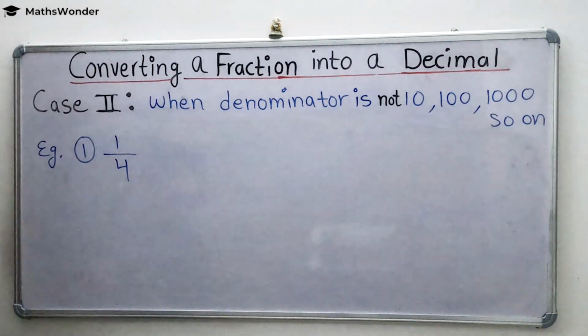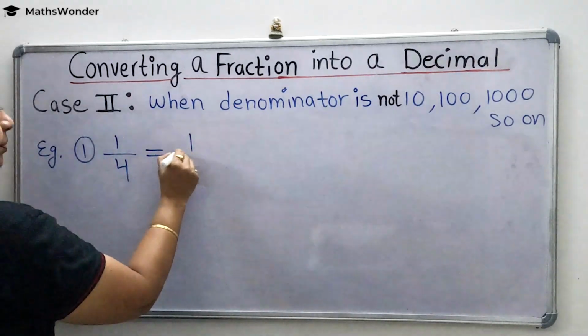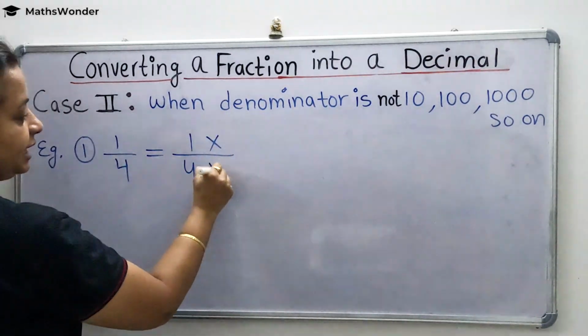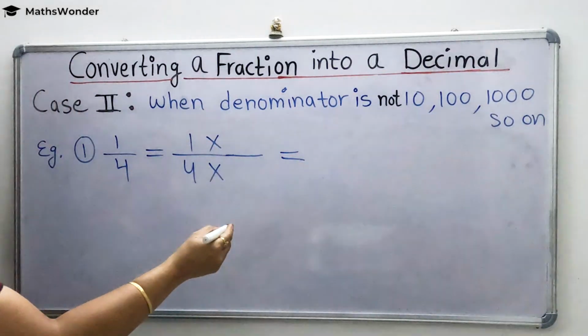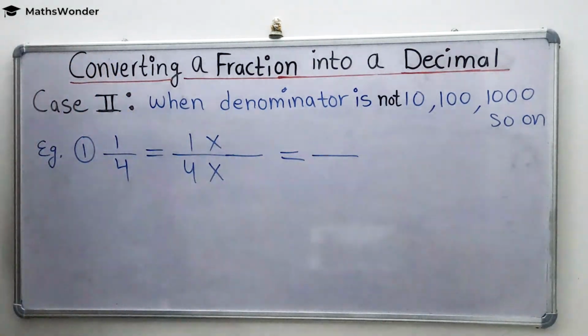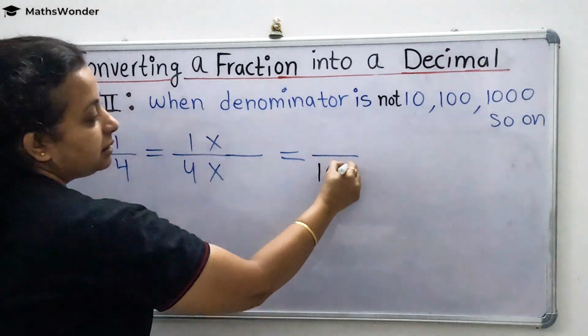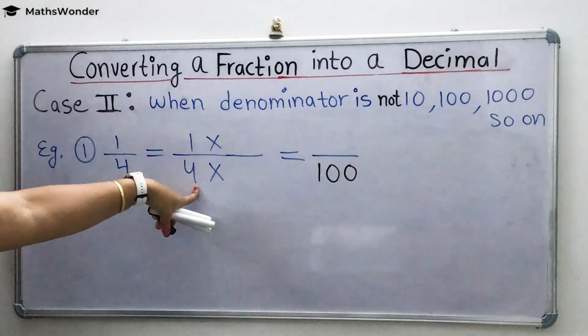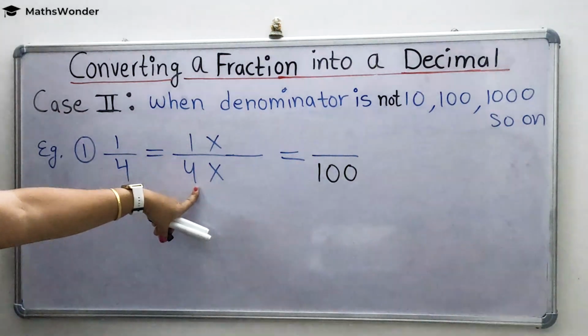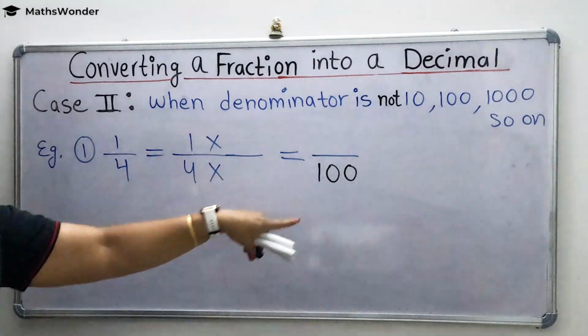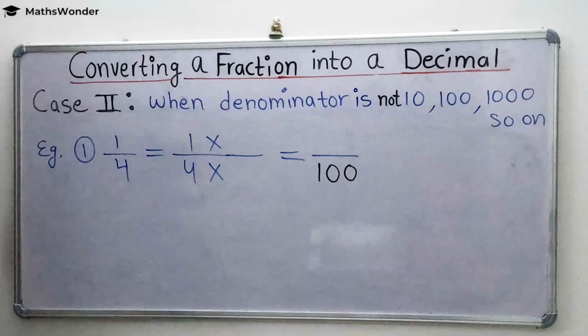So multiply both the numerator and denominator of the given fraction by a suitable number so that the denominator becomes 10, 100 or 1000. Which number can we use here? 10 is not possible, because 4 times nothing gives 10. So 100 will be the better, suitable number.